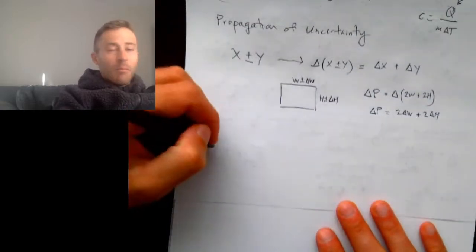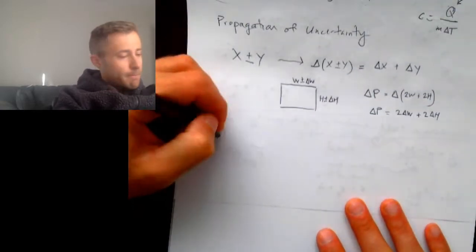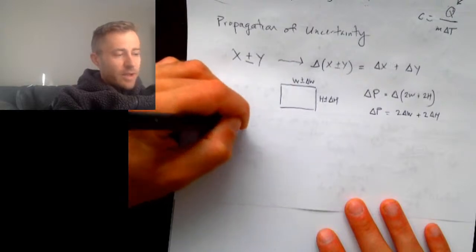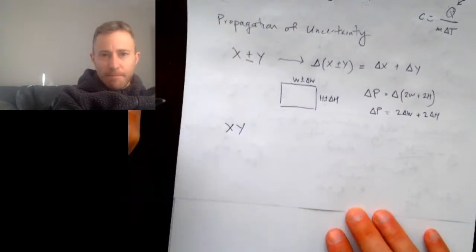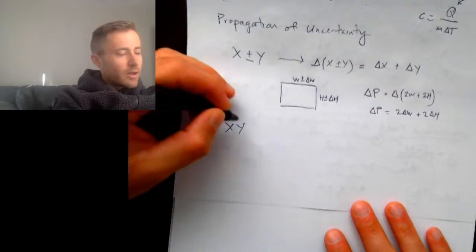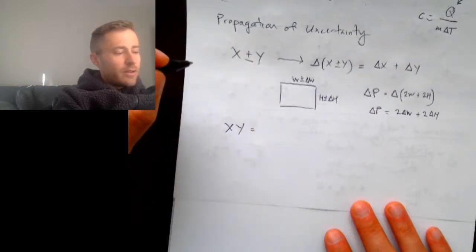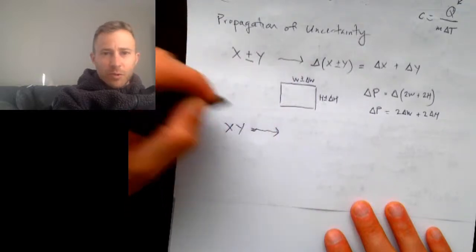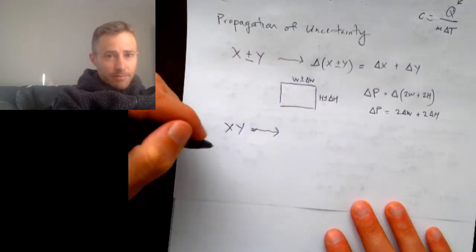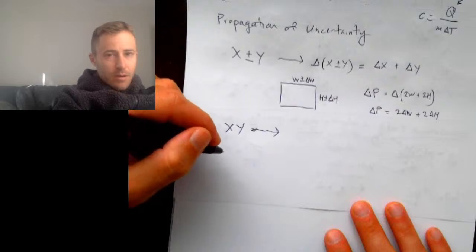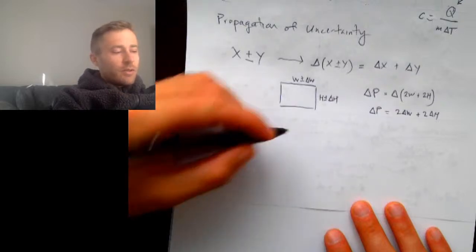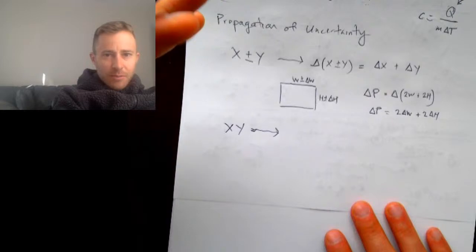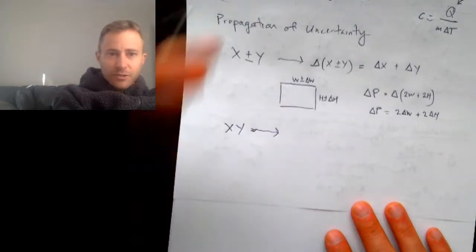If things are multiplied together, so if we had x times y, then anytime things are multiplied or divided, you don't add the absolute uncertainties, you add the fractional uncertainties.